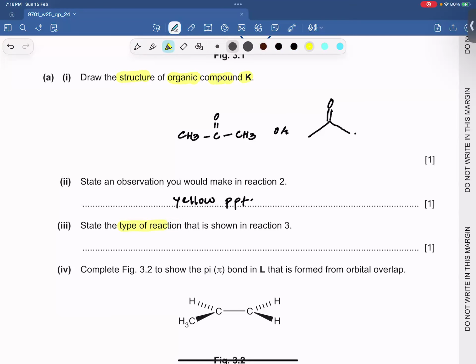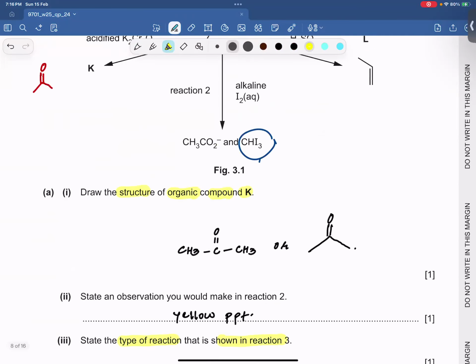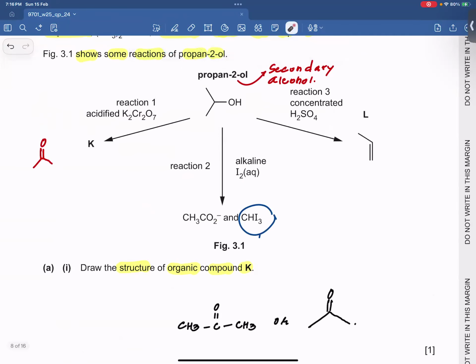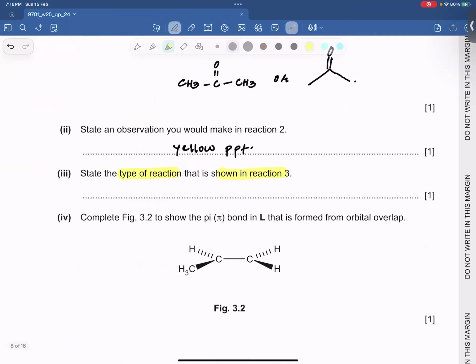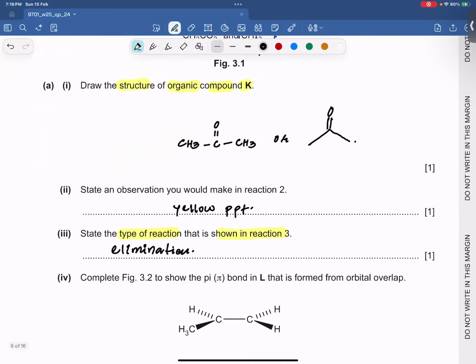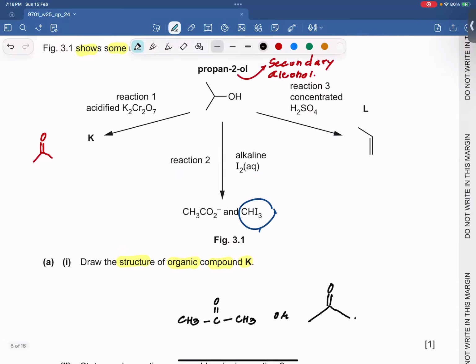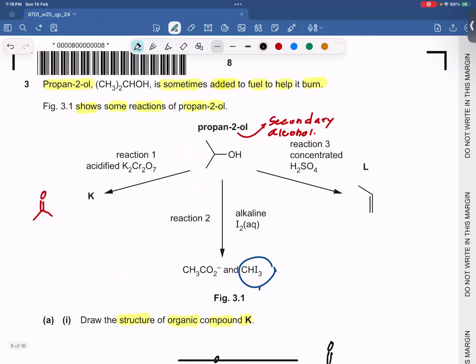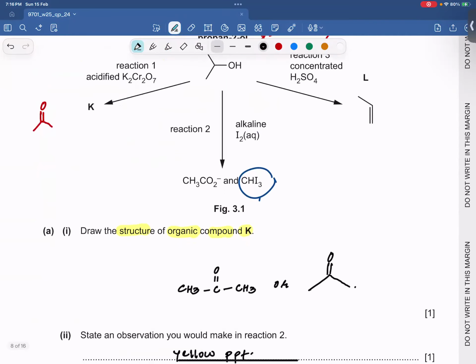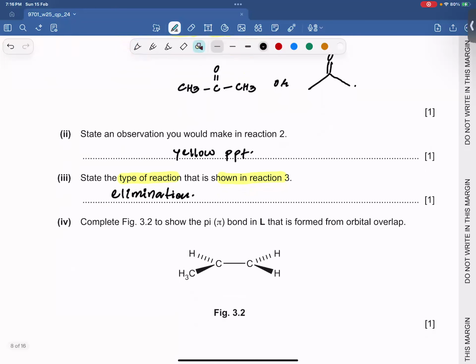State the type of reaction that shows in reaction 3. So reaction 3 is basically dehydration. It is also called elimination. Since examiner has written dehydration, okay, we can write dehydration also.